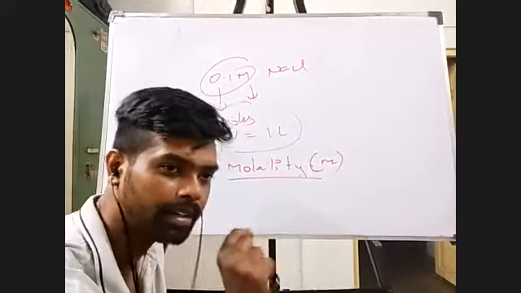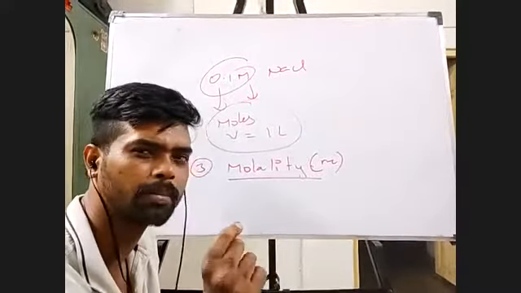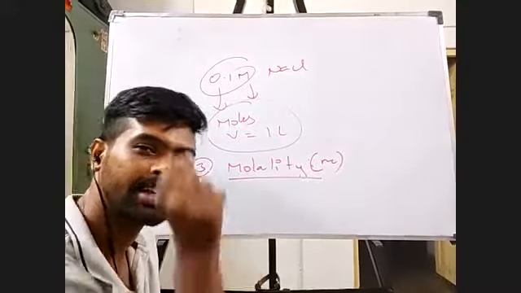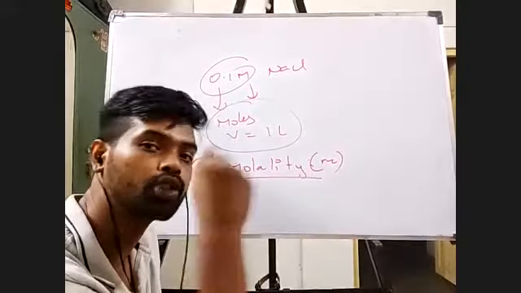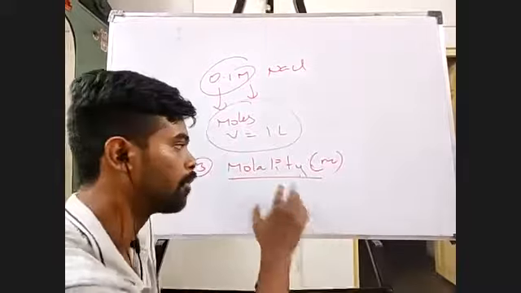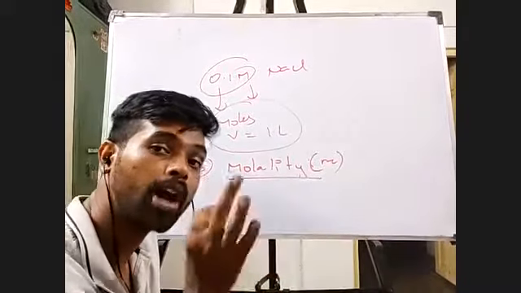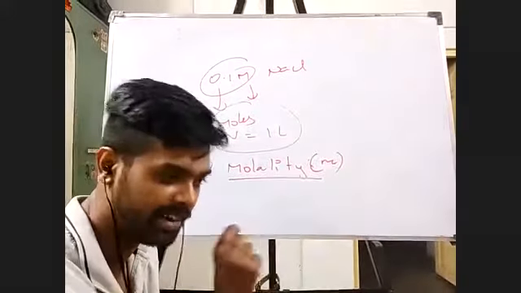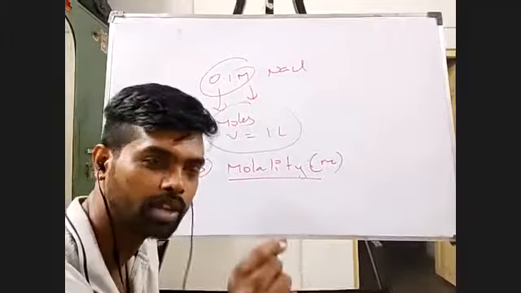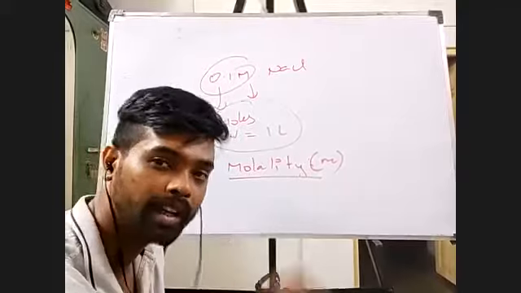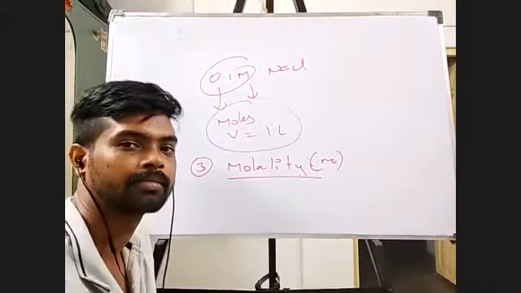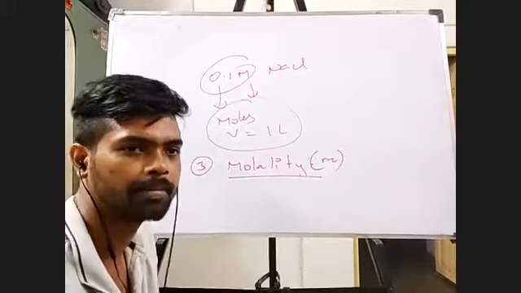Underline that solvent, because so many students will make a mistake here. Molarity, we speak with respect to the volume of solution. In molality, we speak with respect to the mass of solvent, not the mass of solution. Underline that, because so many people make mistakes here.